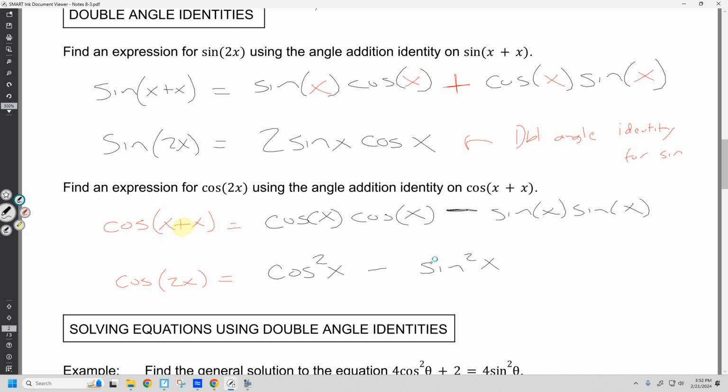Oh man, I really want to simplify this and make this a 1 or a negative 1. But it doesn't. Sine squared plus cosine squared is 1. Manipulate this so you get cosine squared minus sine squared. Go ahead. You can't.